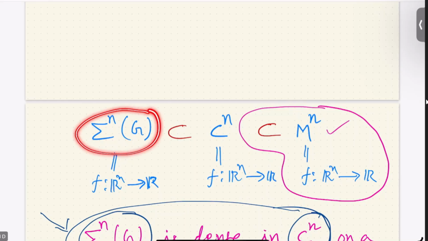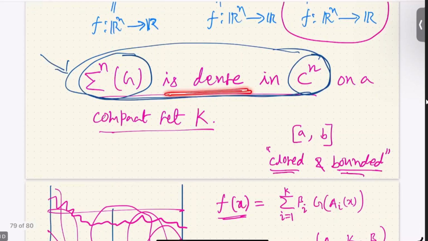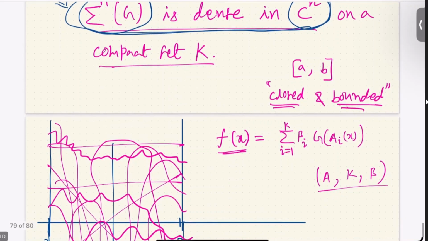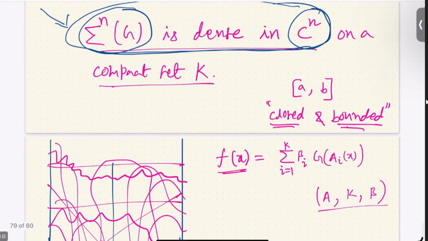This special collection is doing something great: they are sitting inside very tightly, just like Q and R, the rationals and irrationals in R, how closely they are sitting. The same way these neural nets are sitting inside. That is my claim, that they are dense. They are densely packed. They are densely sitting inside CN.